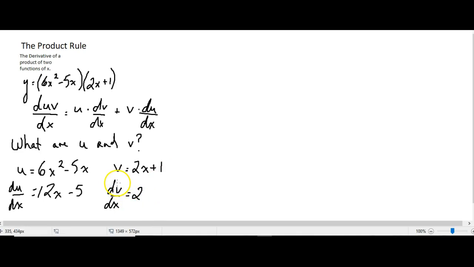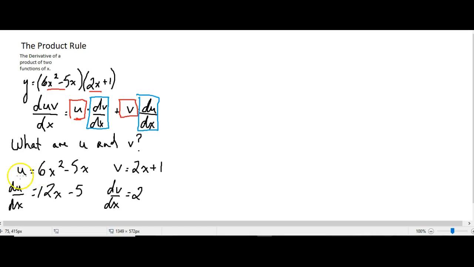So now we have all four parts of this product rule. I'm going to point to this. So the u, there's one part, and the v, those are each of the factors in the product of two functions, and then the derivative of each, there and there.